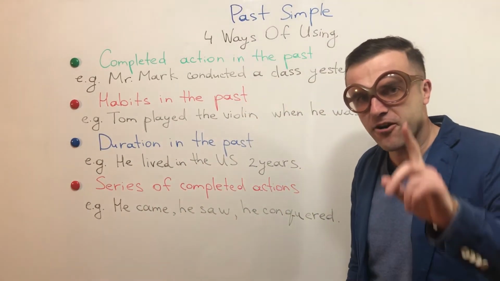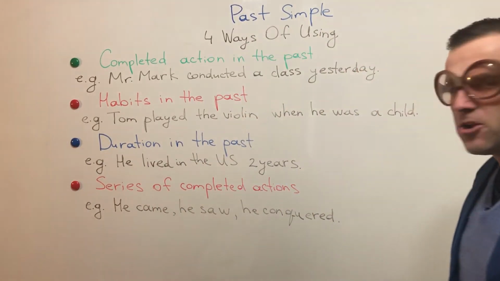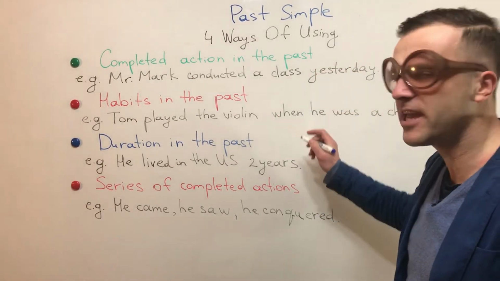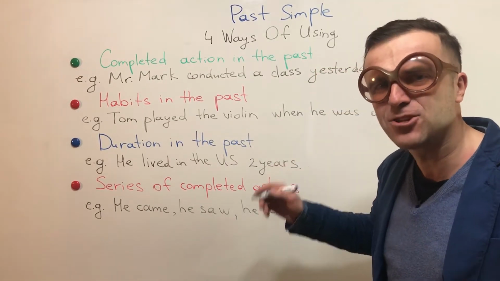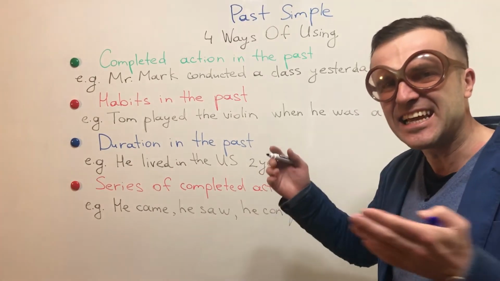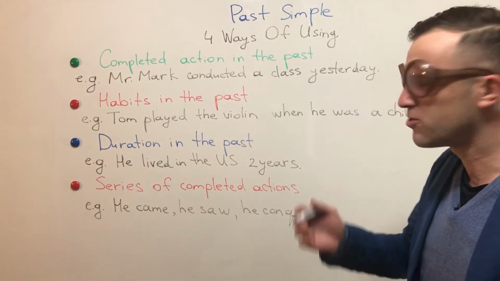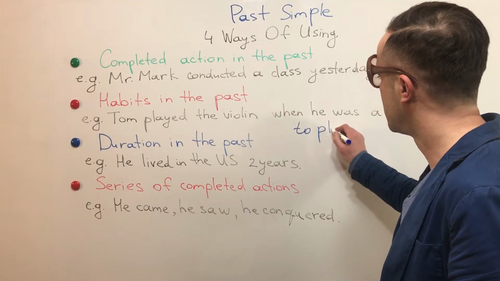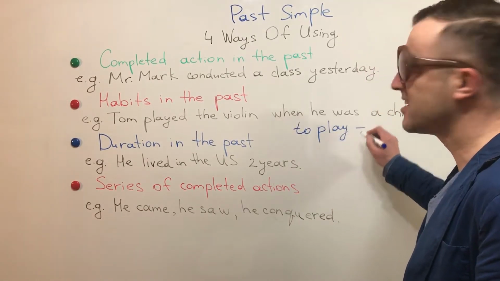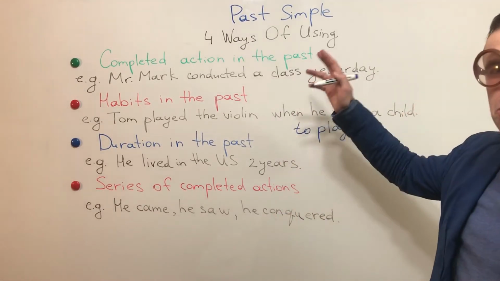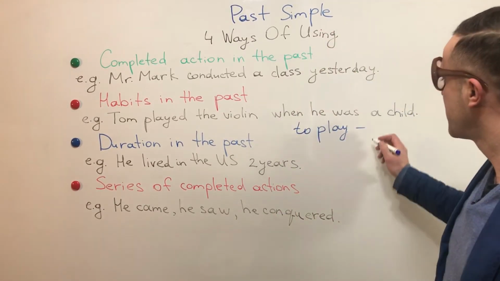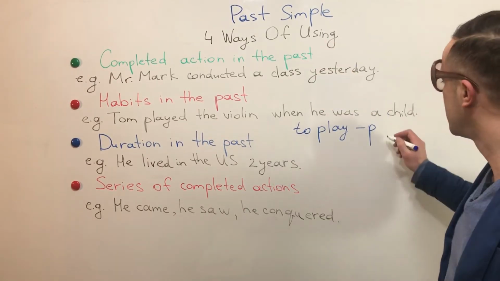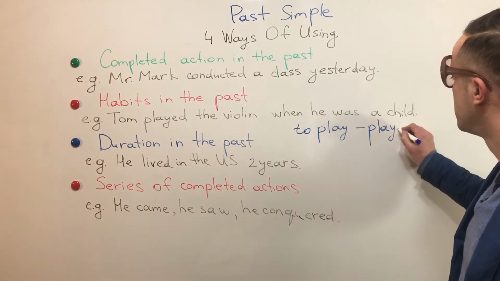But for regular verbs, you have to remember that we add the endings ed or d to the verb. So for example, to play, and if you want to form the past simple, it will be played.